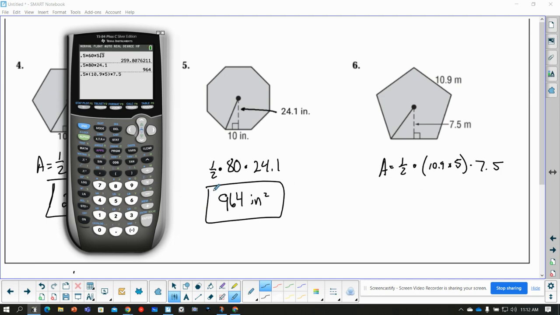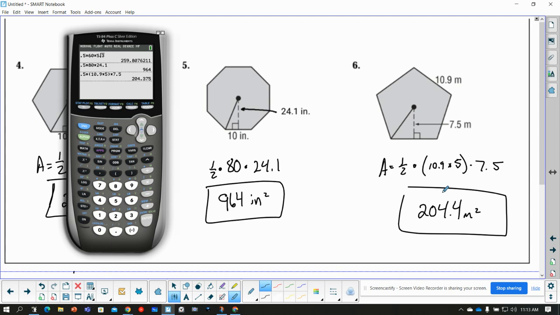And those of you that understand parentheses know in this particular case, the parentheses don't really matter because multiplication doesn't distribute, but I did that for your sake, just so you can see. In this case, it wouldn't really matter. But I'll go ahead and hit enter. We get 204.375, so 204.4, and it'd be meters squared.